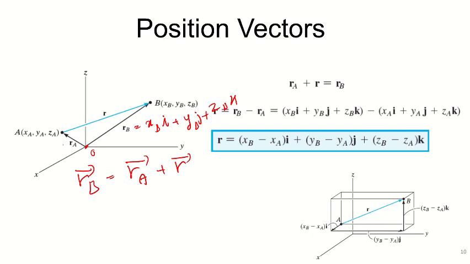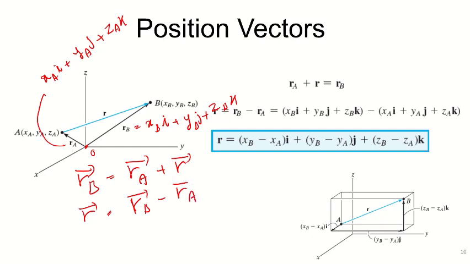And RA can be expressed as XA times i plus YA times j plus ZA times k, alright? So then what is the vector R? Vector R is equal to RB vector minus RA vector, right?